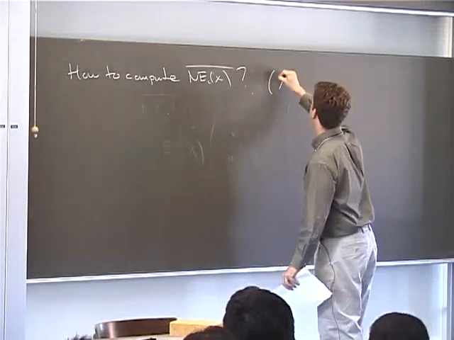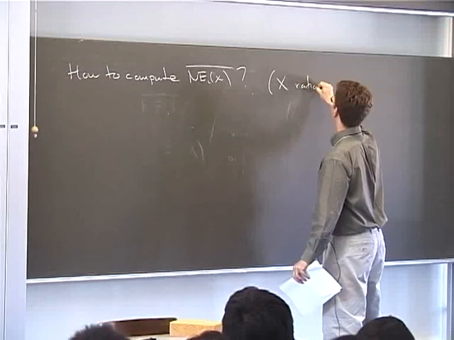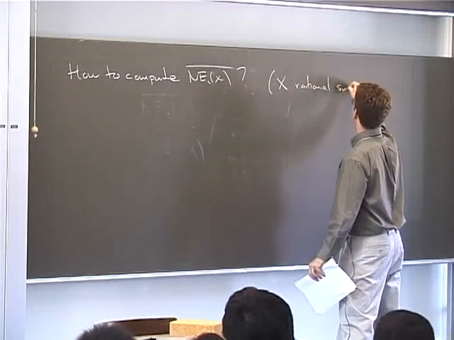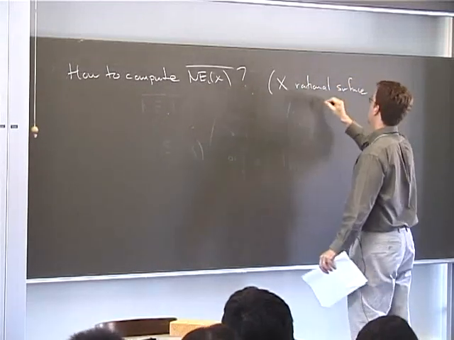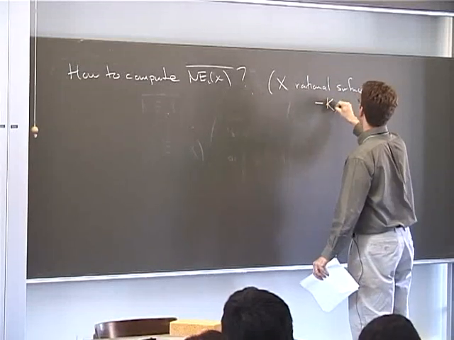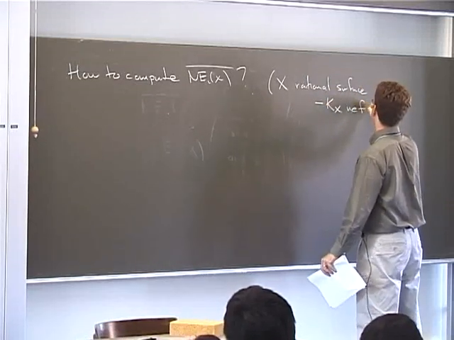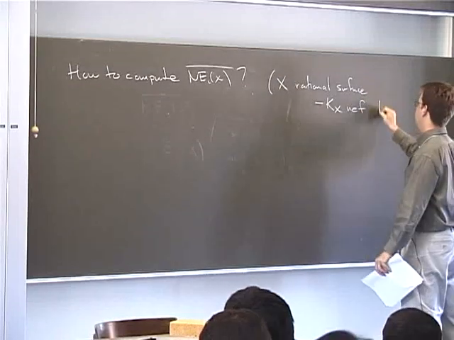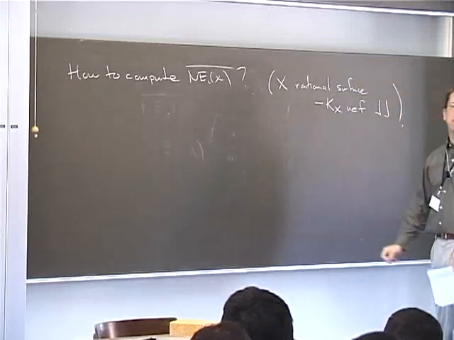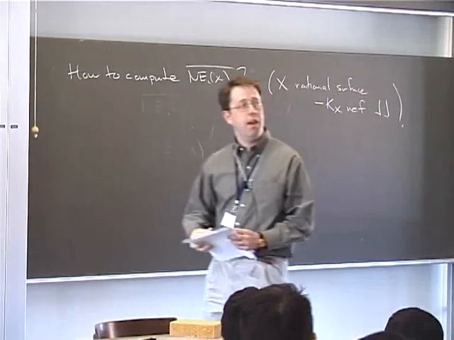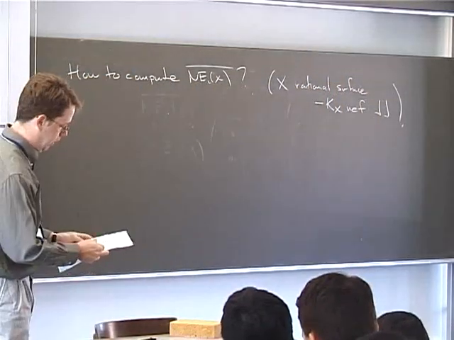And this worked well for X, say, a rational surface. It works even better for minus Kx and F. In this case, it works extremely well. But whenever X is a rational surface, it works fairly well.